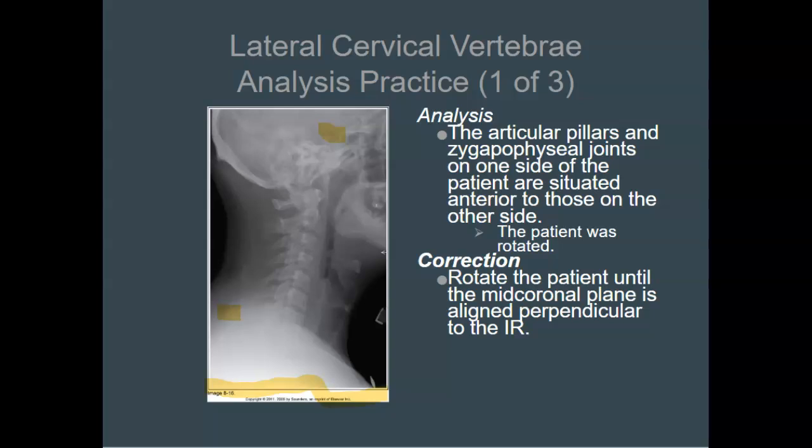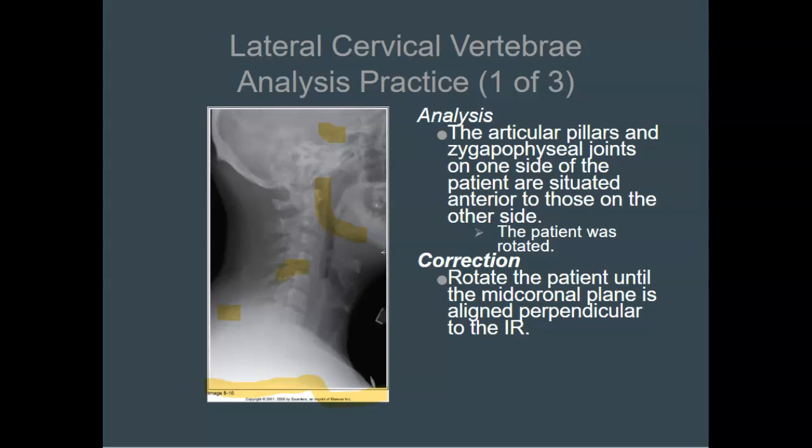However, we need to determine whether or not we are well positioned. So first you want to look for rotation. Where can we look for that? We can look for that in the mandibular rami, and we can also look for that in the articular pillars, which are right here.